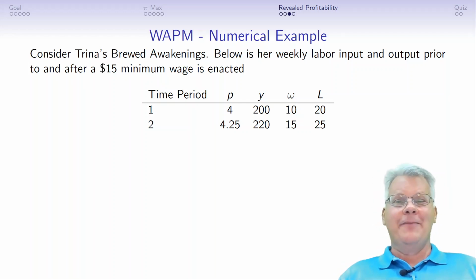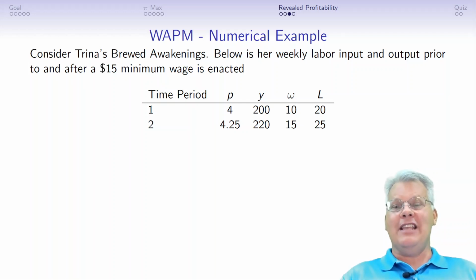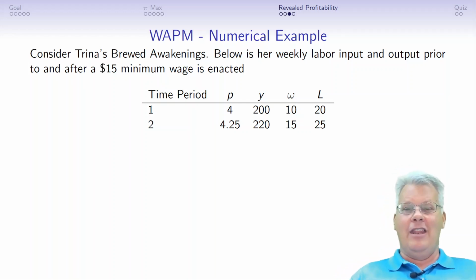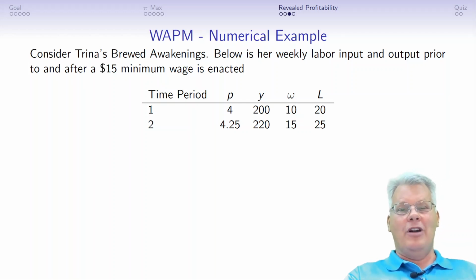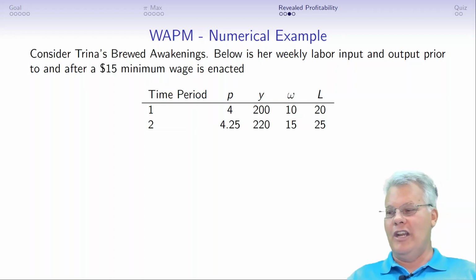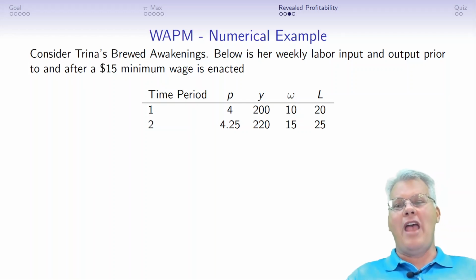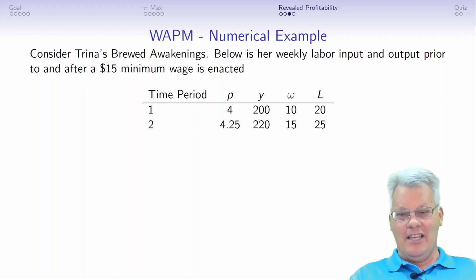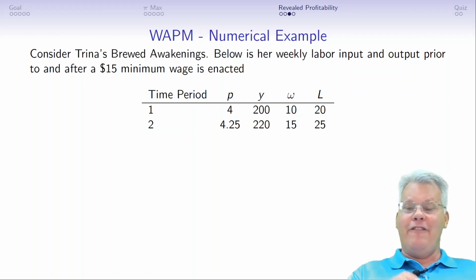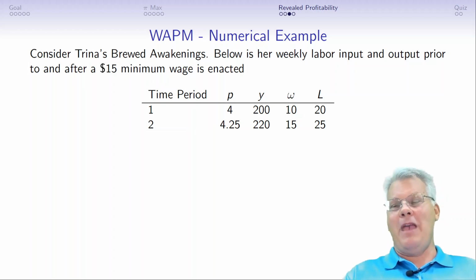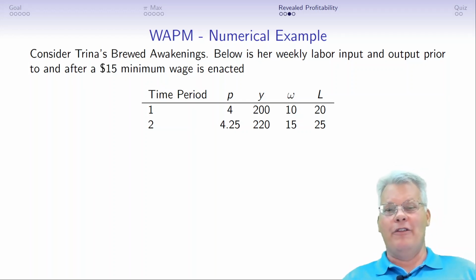So consider Trina, and we have Trina's input and output combinations in 2 time periods. So we have the price of lattes, the number of lattes that Trina brews, and then the price of labor and how many hours of labor that Trina uses in her shop. Suppose that the price of lattes increased and the $15 minimum wage came, and Trina had to increase the pay of her worker from $10 an hour to $15 an hour.